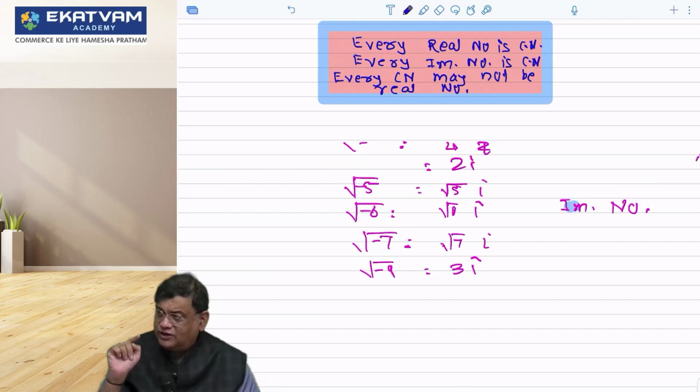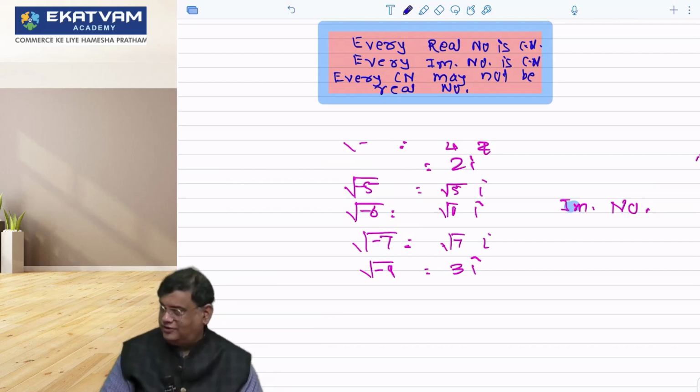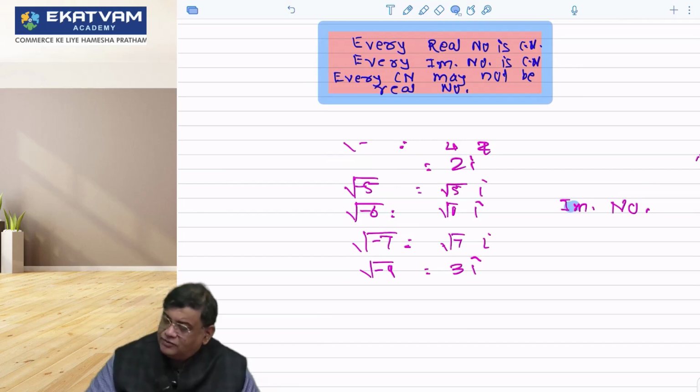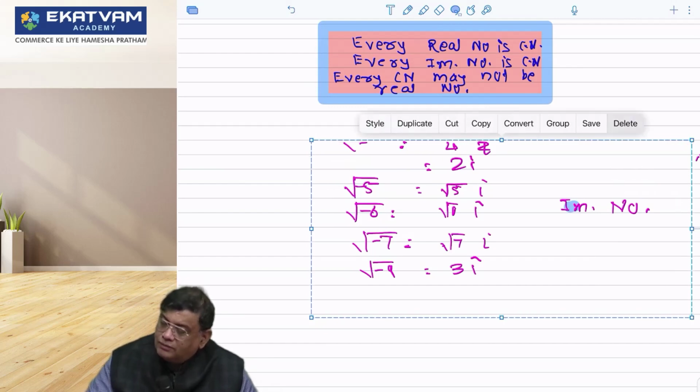When they come together, you get a complex number. Is that clear? So an imaginary number is not the same as complex. Every imaginary is complex, but every complex may not be imaginary. 7 is a complex number, but 7 is not an imaginary number. 3i is an imaginary number and 3i is a complex number, but it is not a real number. Did you understand this? Very good.